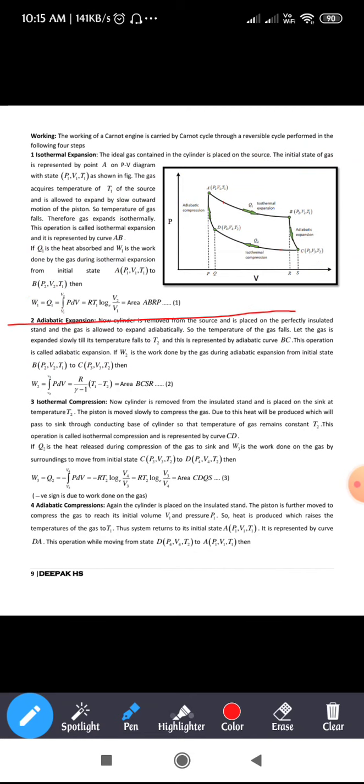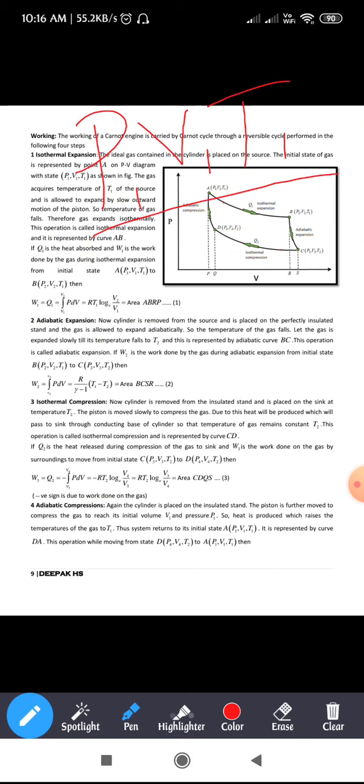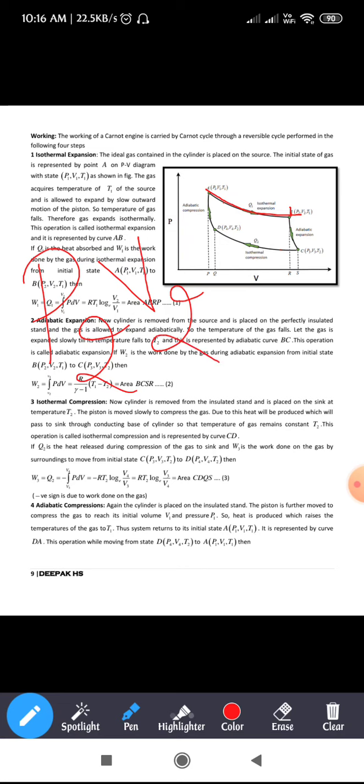One more thing before that, let me explain the PV diagram. Point A denotes the initial state of the pressure, volume and temperature of the gas, that is P1, V1, T1. Once it undergoes the isothermal expansion, it comes to point B. There the pressure and volume change but the temperature remains the same.